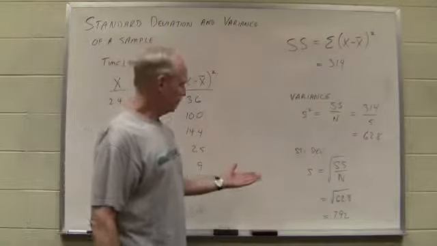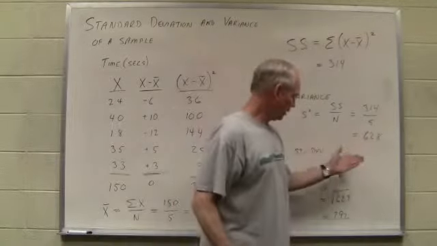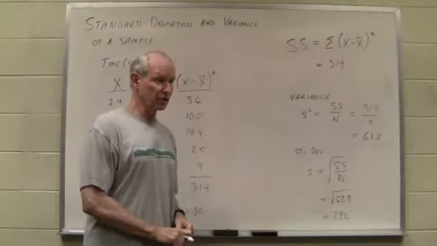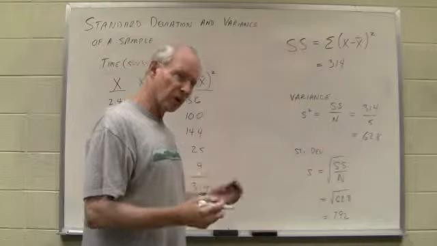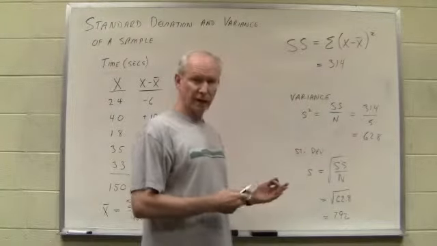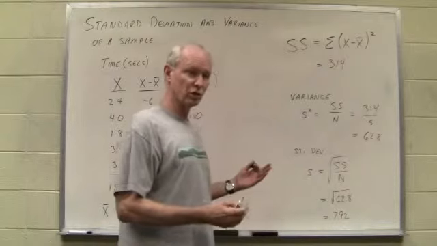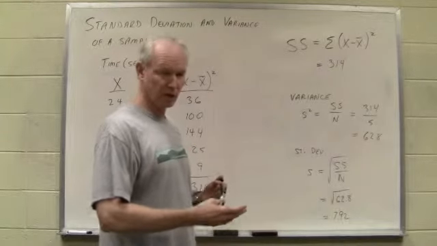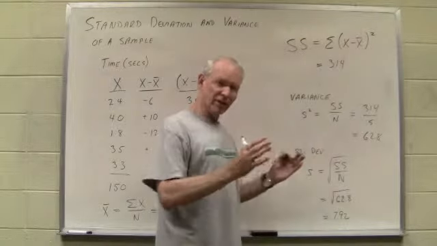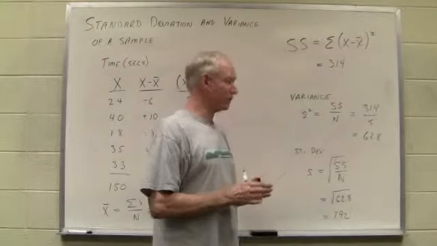By itself, the numbers 62.8 for the variance or 7.92 for the standard deviation don't tell you an awful lot, but by comparison, if you had maybe 1 or 2 other conditions, you could see if the standard deviations were different. And basically, the lower that number, the less spread there would be in that data set.